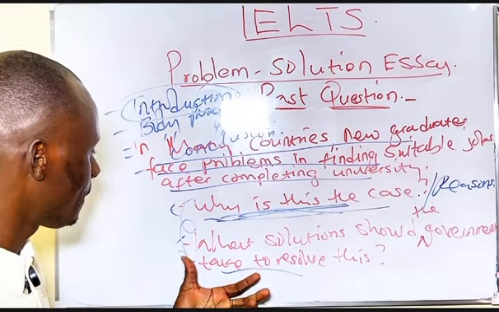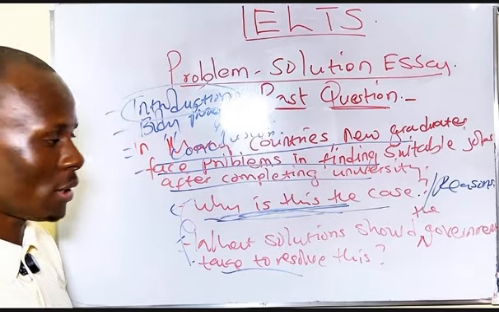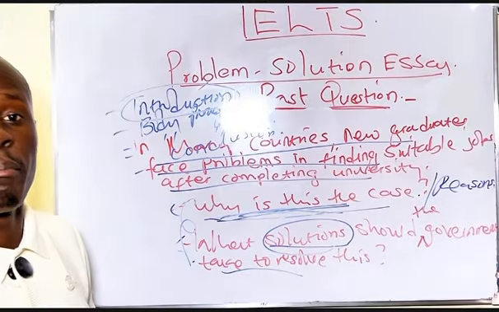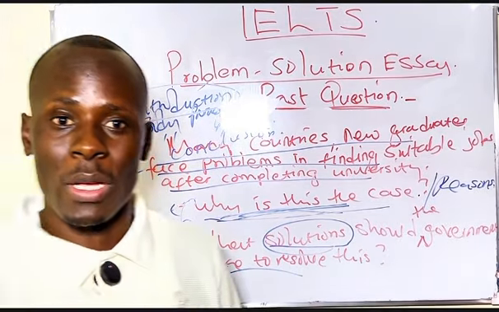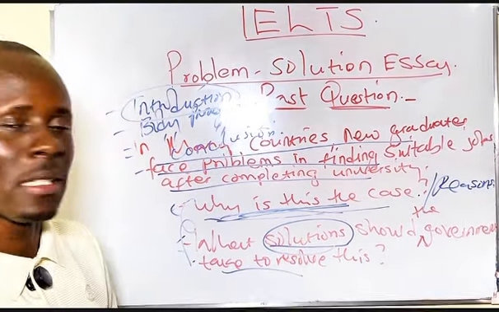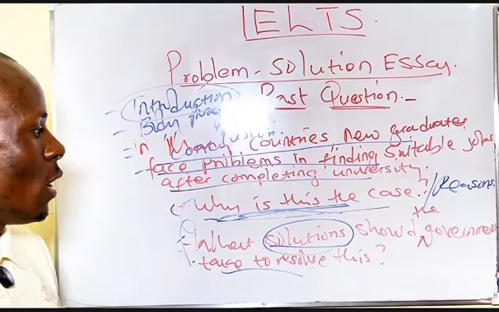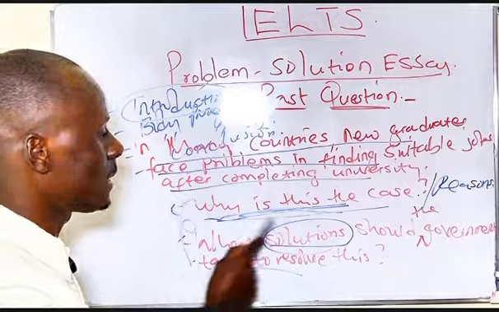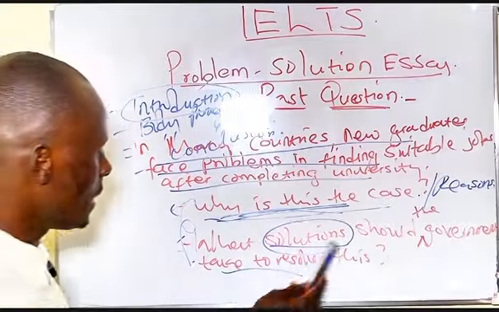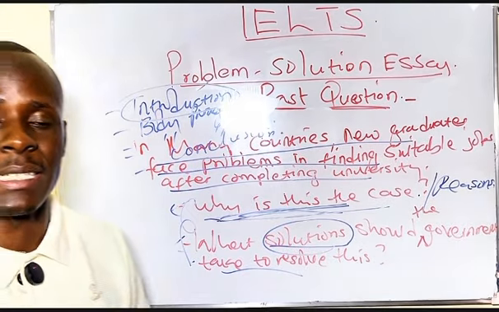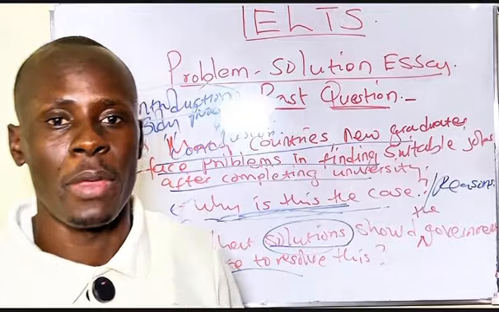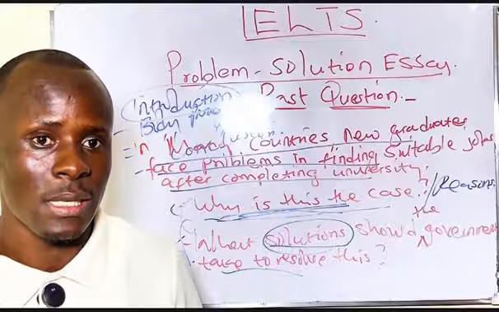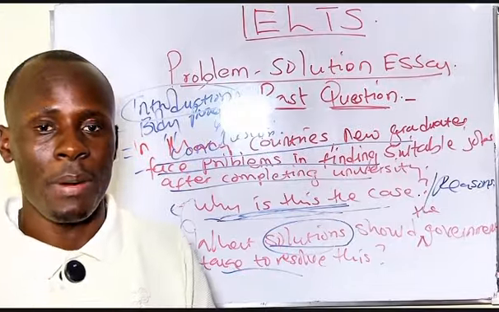Then, what solutions? Remember, the question is in plural form, so you can also give at least 2 solutions. The reasons will form our second sentence, and the solutions will form our third sentence. That's how we come up with our introduction, which will have 3 sentences. The first sentence is the paraphrase.